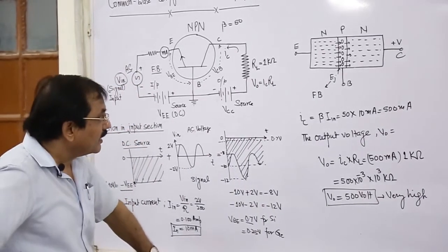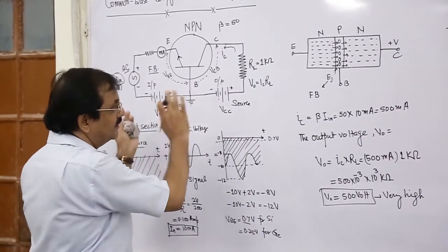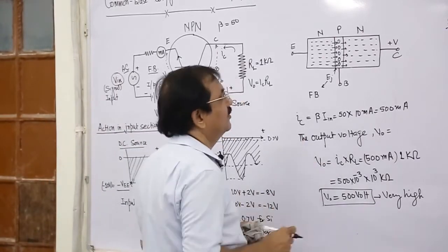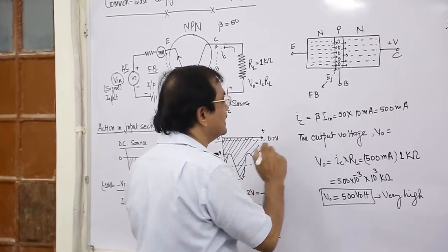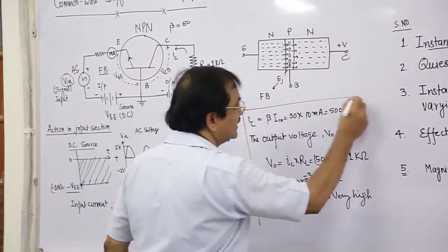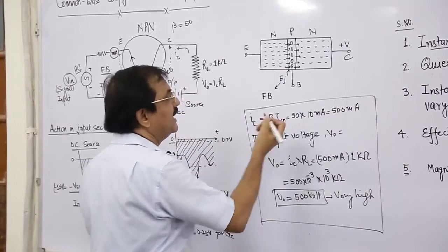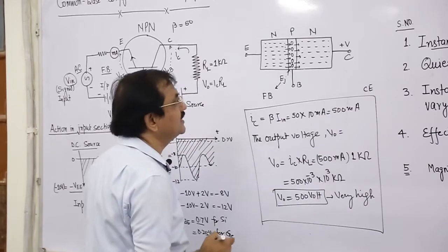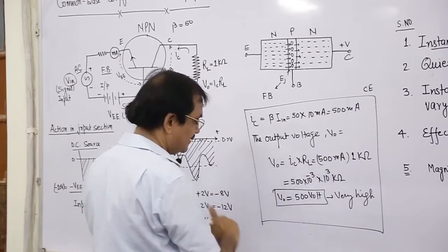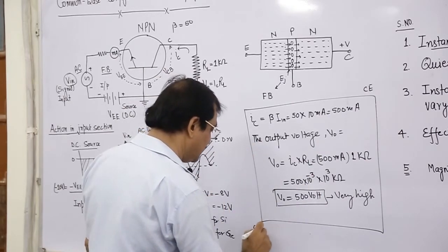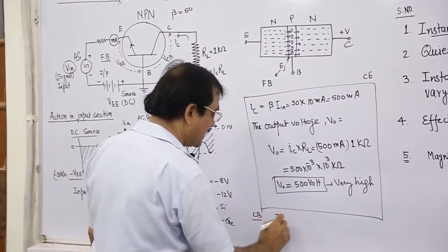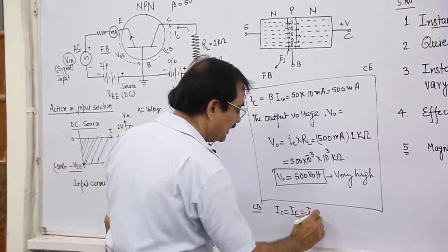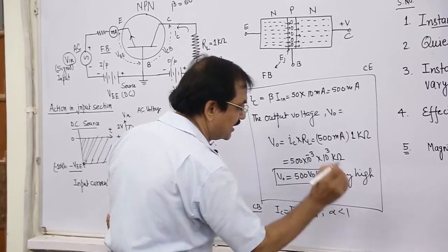But in case of the input part, as considered for CE, in case of common base, CB, I_C is approximately equal to I_E, that is I_in, because alpha is less than 1.